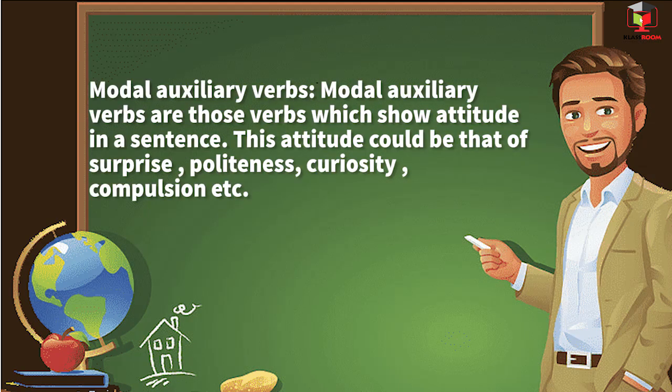The modal auxiliary verbs. Modal auxiliary verbs are those verbs which show attitude in a sentence. This attitude could be that of surprise, politeness, curiosity, compulsion, and so on and so forth.